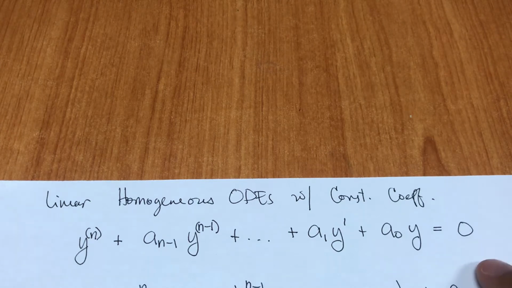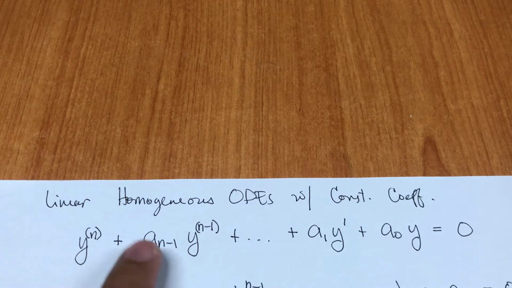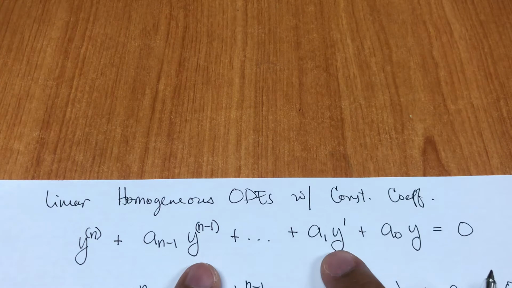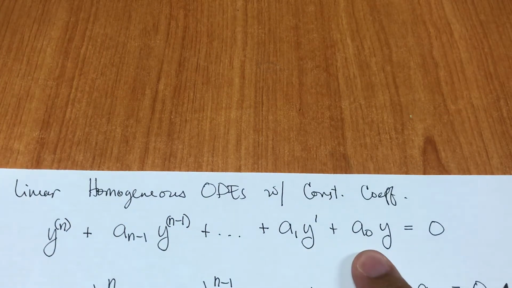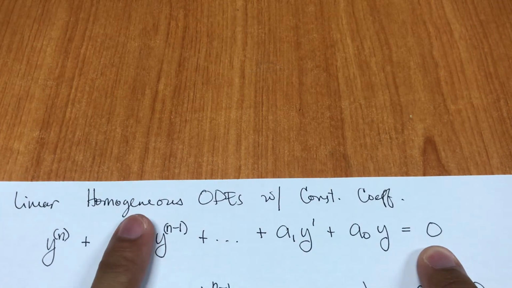Okay, so it has the standard form y to the nth prime plus the constant coefficient a sub n minus 1 times y to the n minus 1 prime plus so on and so forth, a sub 1 y prime plus a sub 0 y equal to 0 because it is homogeneous.